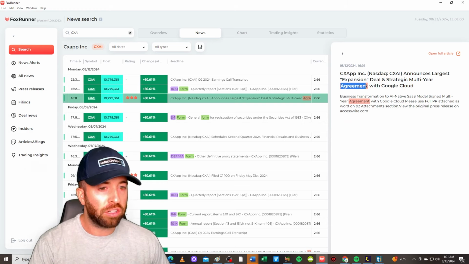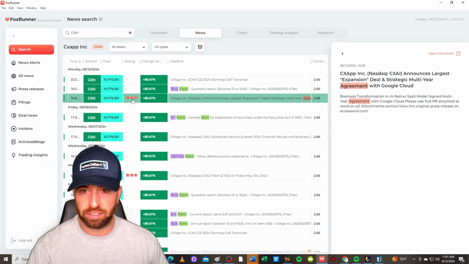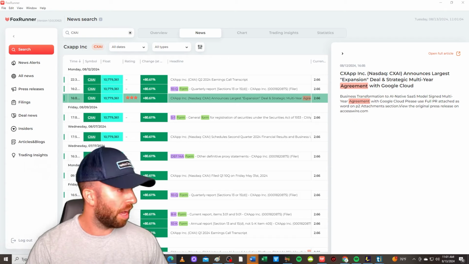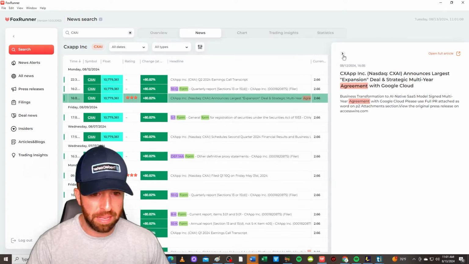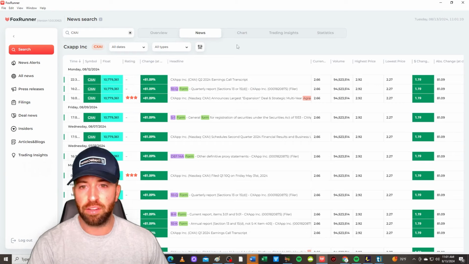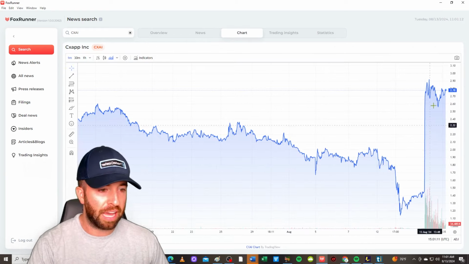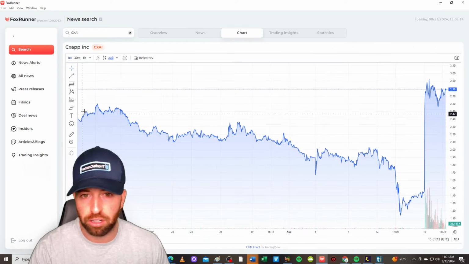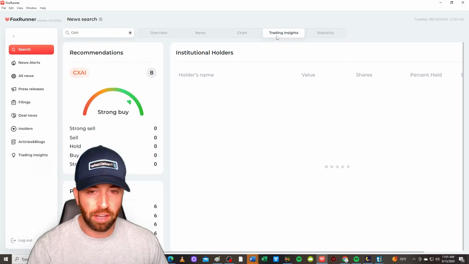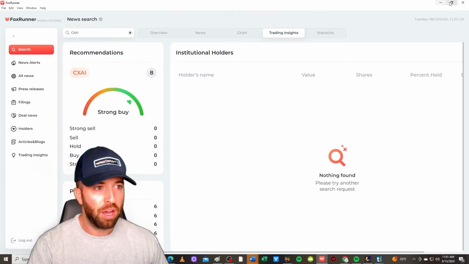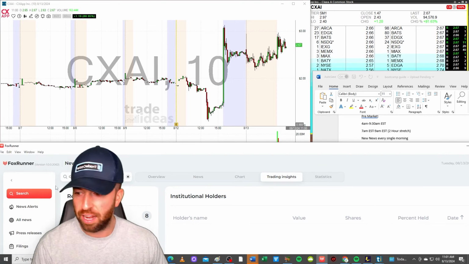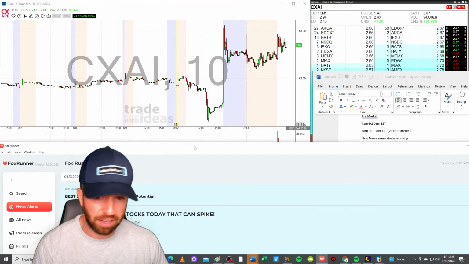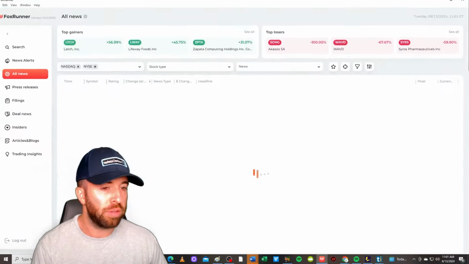So if we have the word agreement, and that is a 3-star word, as we talked about, we can go ahead and see what this news is all about. Announces a largest expansion deal and agreement. A 3-star word tells me obviously right away that this play is going to be getting this very large spike and this very large rip and this very large run. So that is going to be one of the best ways to understand how you are going to be able to find the hottest news. Unfortunately, you cannot do this organically.